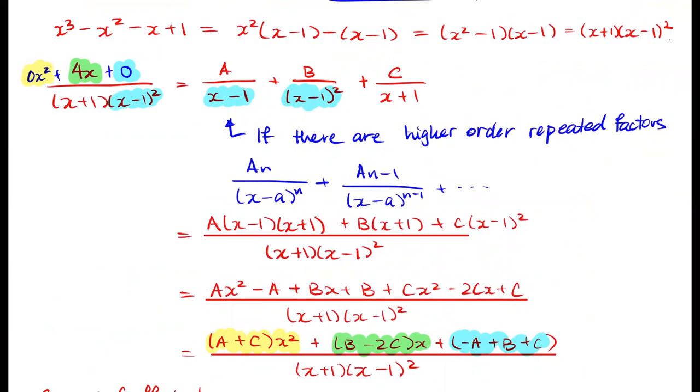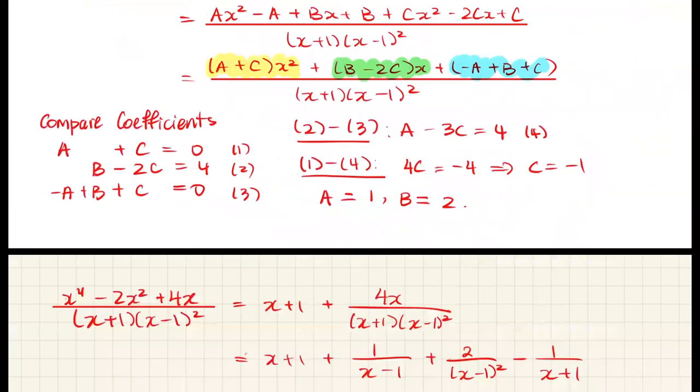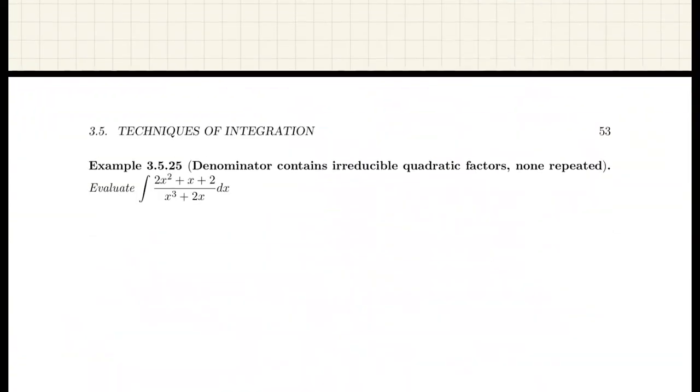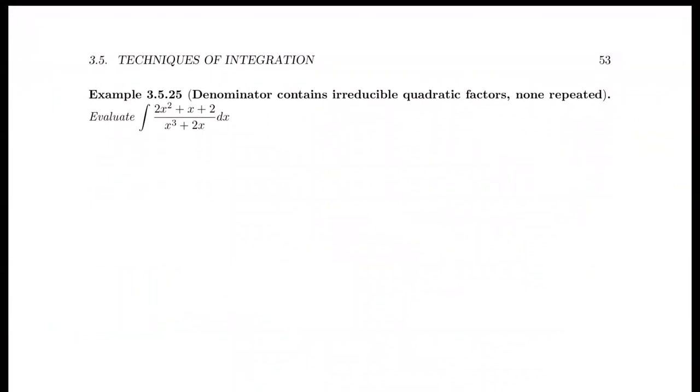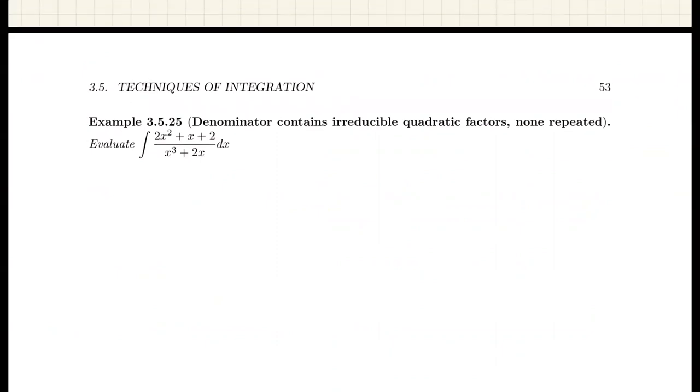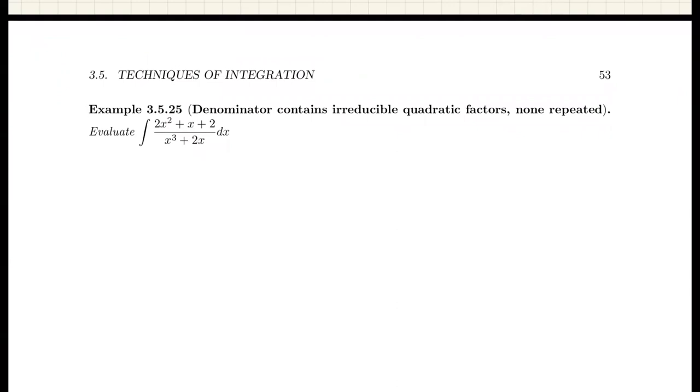All right, so let's have a look at the third one. Let's say that the denominator contains irreducible quadratic factors in which none of them are repeated. One important integral that we had to look at before was the integral of 1 divided by x squared plus a squared dx.